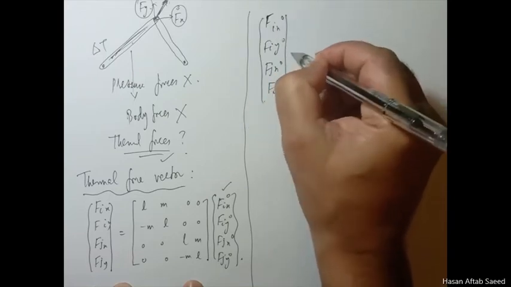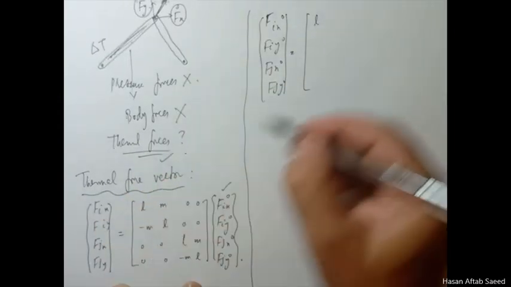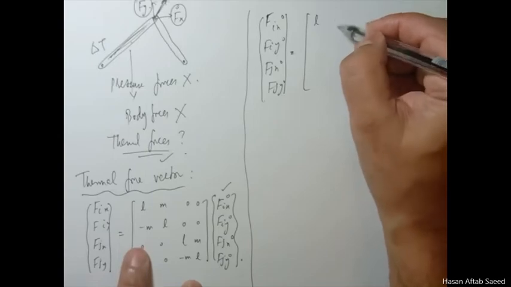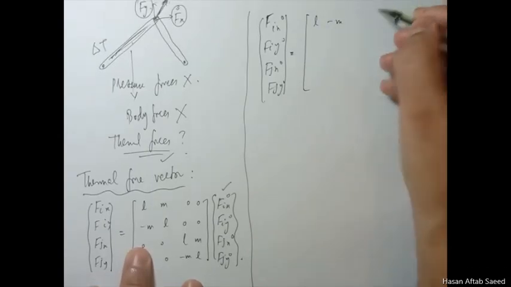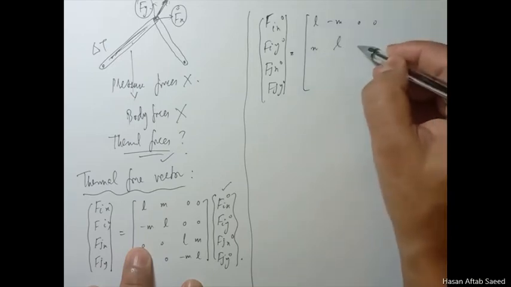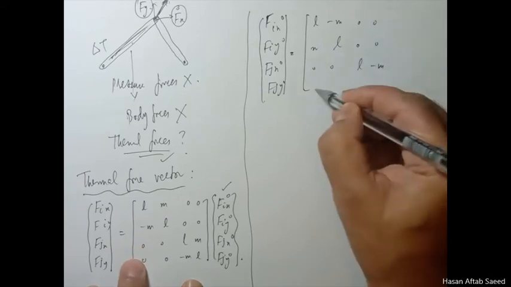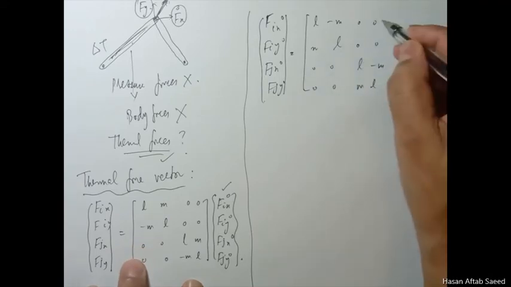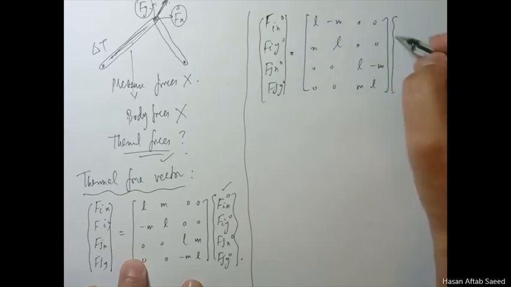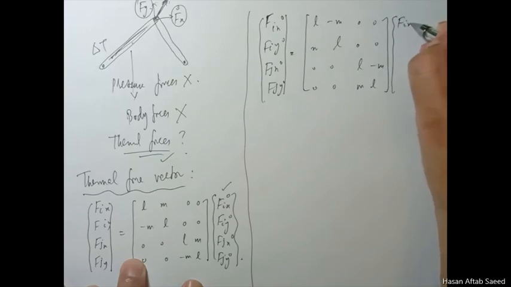So this is equal to, simply take the transpose of this, L minus M, M L. This is the way you take the transpose, which is also the inverse, and in this case Fix, Fiy, Fjx, Fjy.